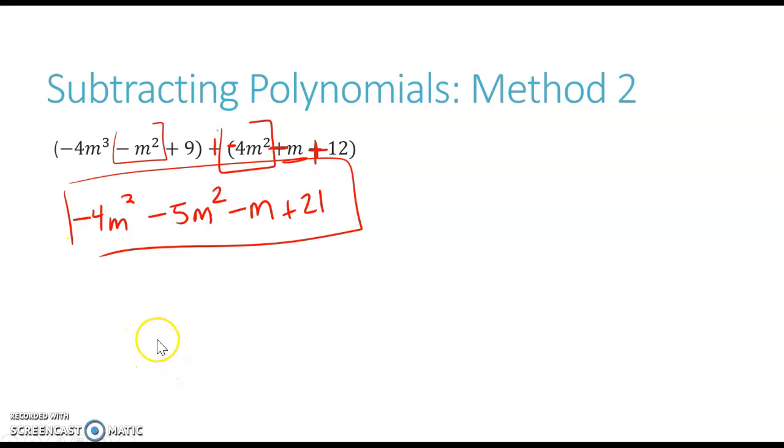You have two methods, stacked or just thinking of it as combining like terms. If we're adding, just add them, whichever method you like. When you're subtracting, your first step should be to change the signs of everything behind the minus sign.